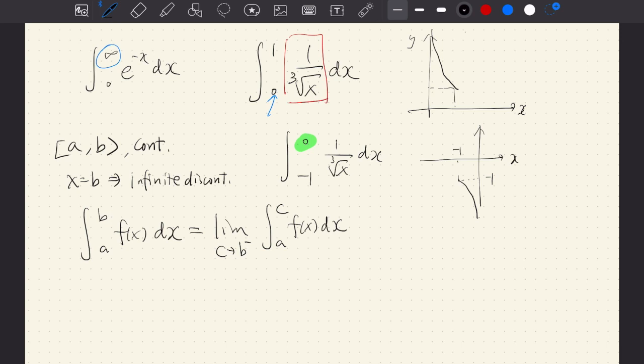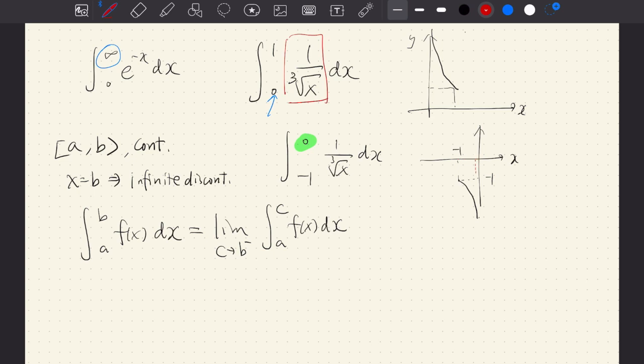Okay, so for example, for this graph, you can see that originally we want to integrate from -1 to 0, right? But we know that the integrand is actually going to -infinity at 0, so it has an infinite discontinuity.